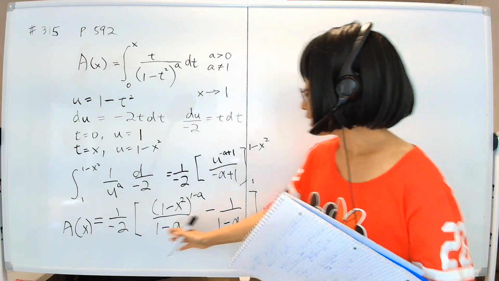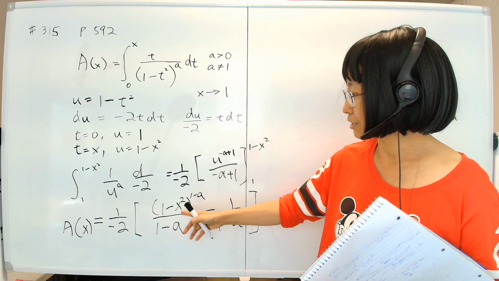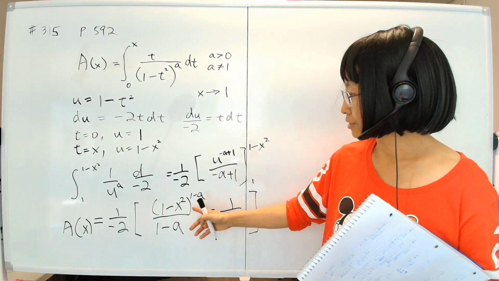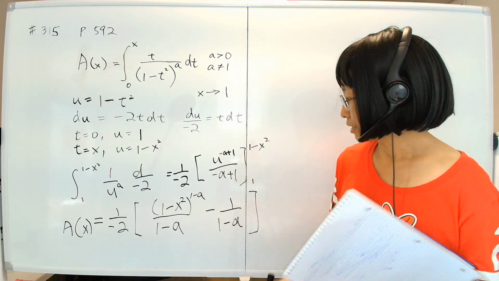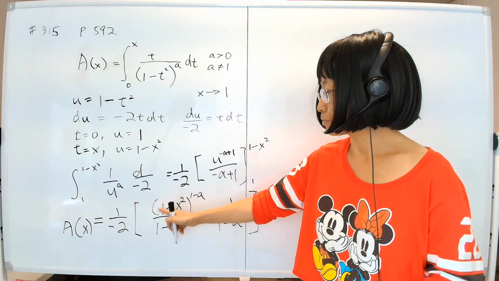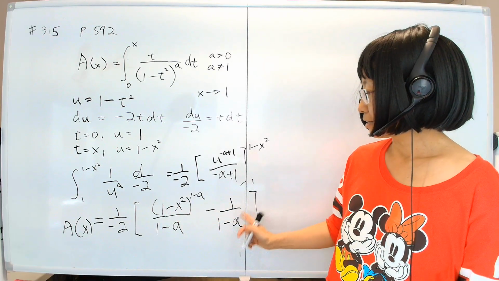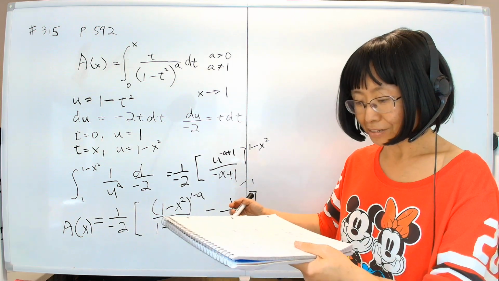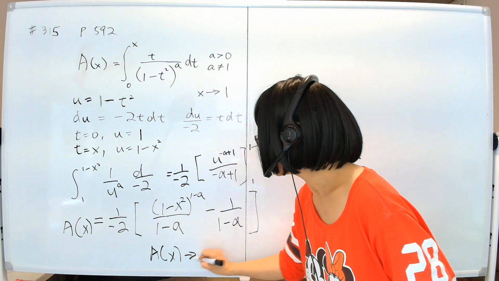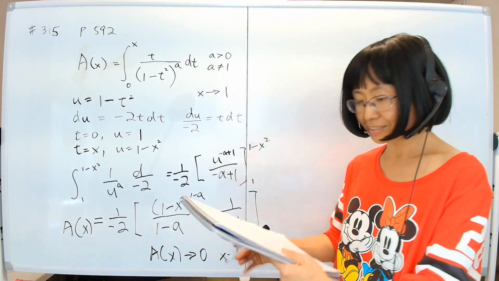Sorry, as x approaches 0, this approaches 1, and then that just becomes 1 over 1 minus a minus 1 over 1 minus a. So the area approaches 0. So the answer is A(x) approaches 0 as x approaches 1. And that is the end of the problem.